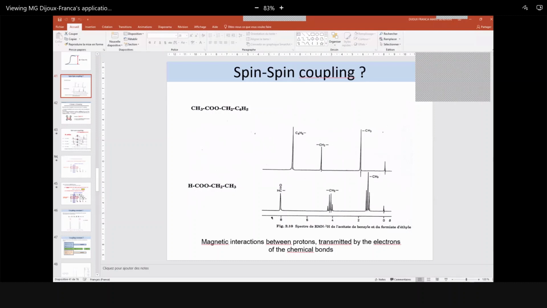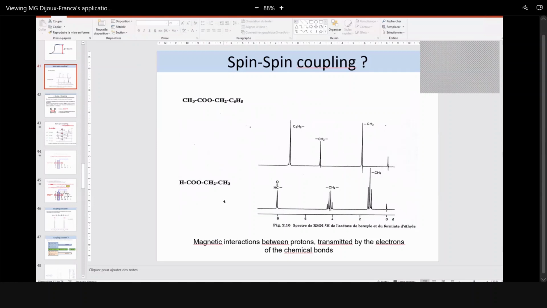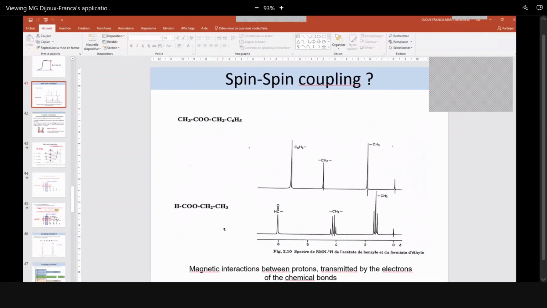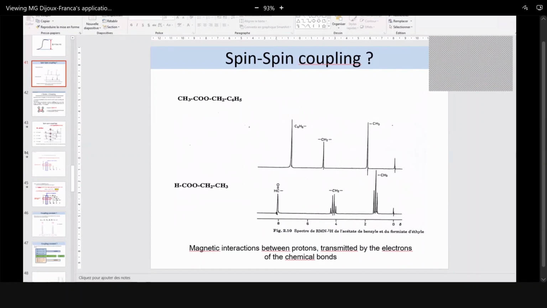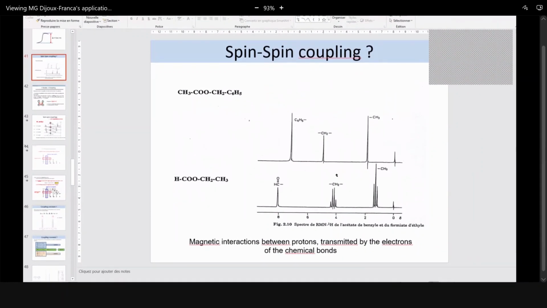That gives you information on the chemical groups in the structure, if you have only aliphatic protons or protons on carbon close to a heteroatom and so on. The second piece of information is the surface under the peak, which is proportional to the number of protons.